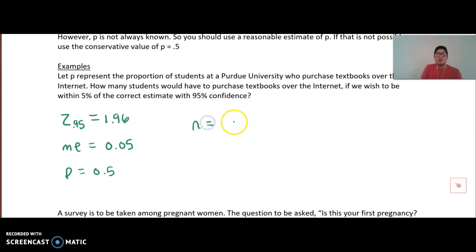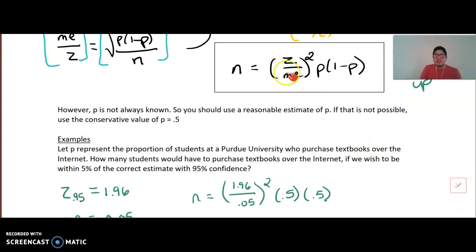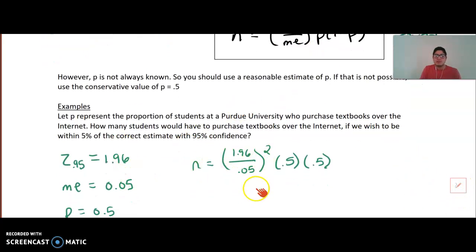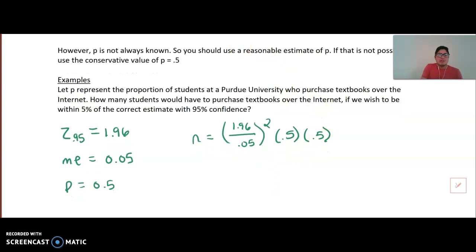So n equals z divided by the margin of error. So I'm going to do 1.96 over 0.05. We're going to square that. I'm going to assume 0.5 and then 1 minus 0.5. And again, if you're utterly lost in what I did here, I'm just using this formula with these variables instead. And when I compute this in my handy dandy calculator, I get a sample size of approximately 384.16.